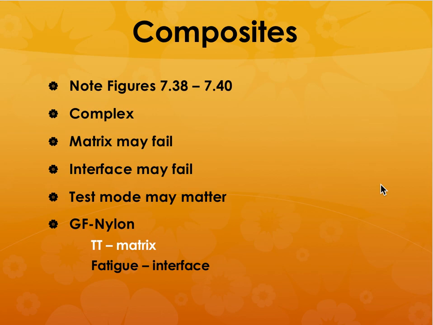For composites, you have figures from 738 to 740. The materials are a lot more complex, and the matrix might fail before the sample, or the interface might fail, or the test mode may differ, and it all depends upon the matrix and the fiber reinforcement.